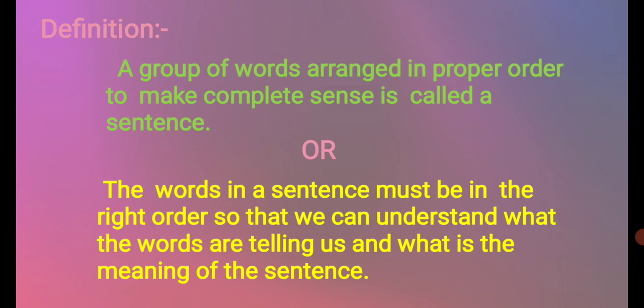It means that not every arrangement of a group of words makes a sentence, right? We have to arrange them in a proper way, in proper order, and then if it has a meaning, it is called a sentence.